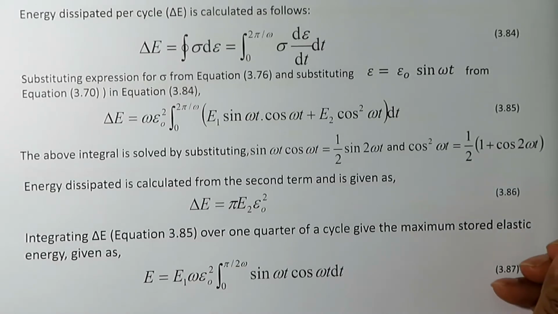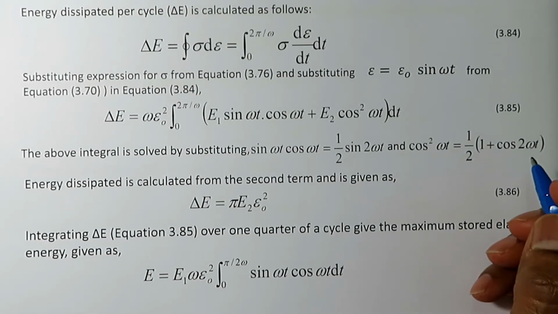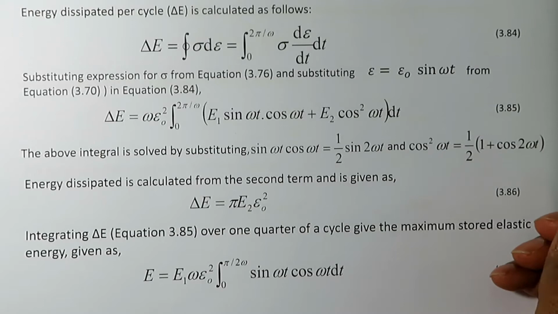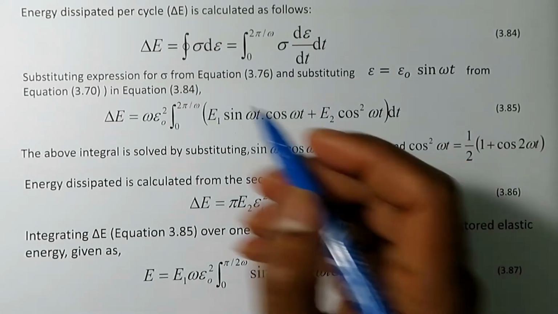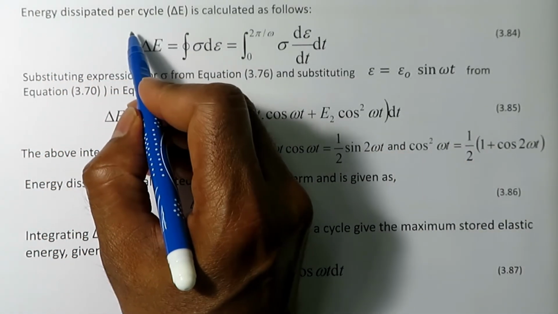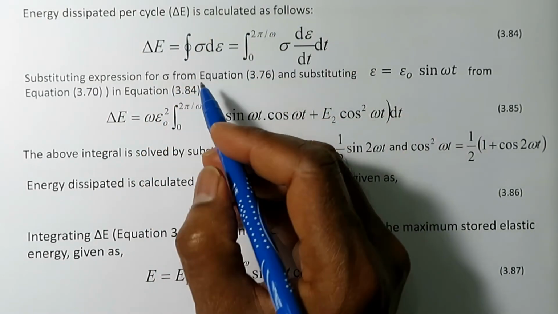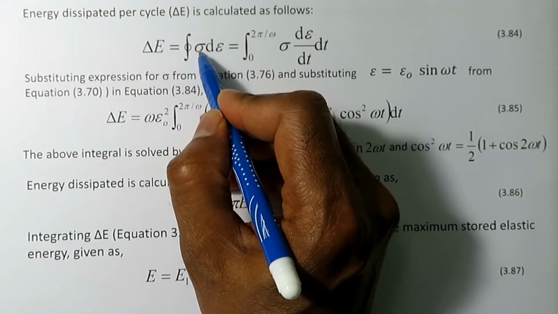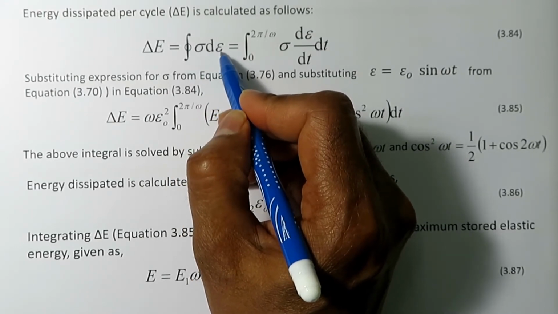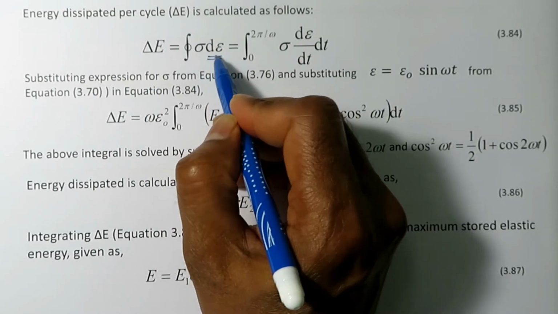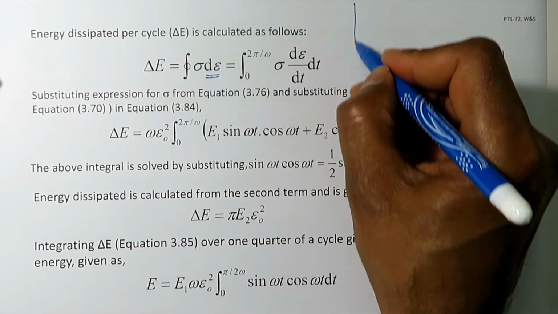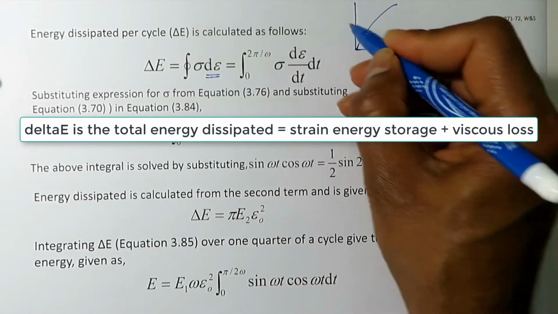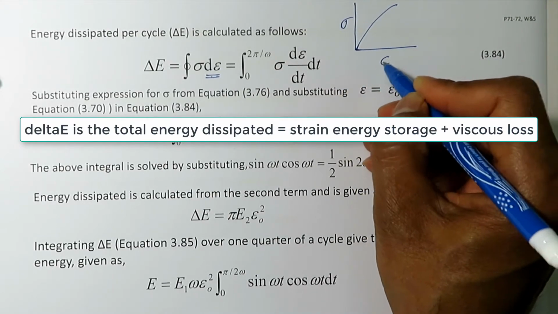Now in this part we will try to find out a relationship, a ratio of energy loss over the energy stored. So first let us calculate energy dissipated per cycle, delta E. So delta E will be given as the integral of stress and d epsilon. So this is the strain part. So this comes from the stress strain curve, for example, stress and strain.